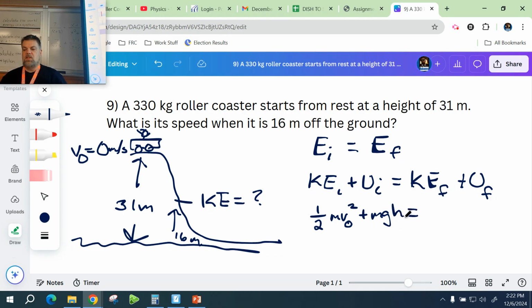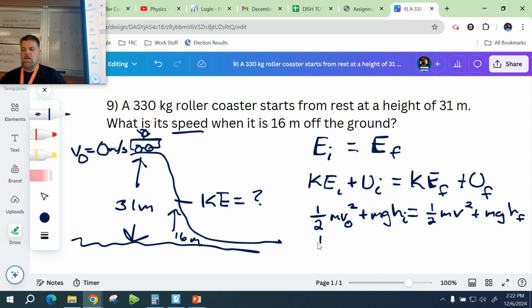And this is the initial height, right? And then over here I have 1/2 times the mass of another velocity that we'll calculate in a second, because that's what it's asking, plus the mass times the acceleration due to gravity times the final height. All right?